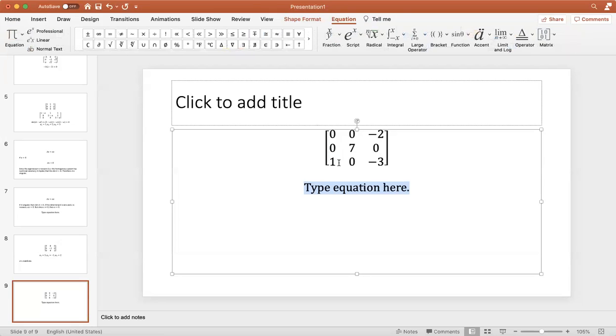So let's transform this, and instead of using alpha, let's use lambda. So this becomes negative lambda, 0, -2. This becomes 0, 7 minus lambda, 0, 1, 0, -3 minus lambda.